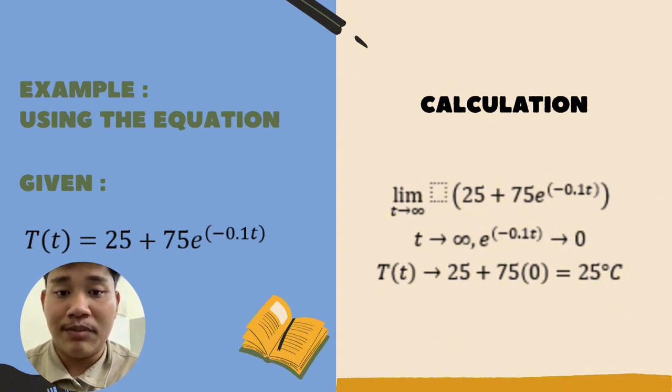So, the equation becomes 25 plus 75 times 0, which gives us 25 degrees Celsius. In conclusion, this shows that the temperature will stabilize at 25 degrees Celsius, which is the room temperature. This example clearly demonstrates how limits help us predict long-term behavior in real-world situations.